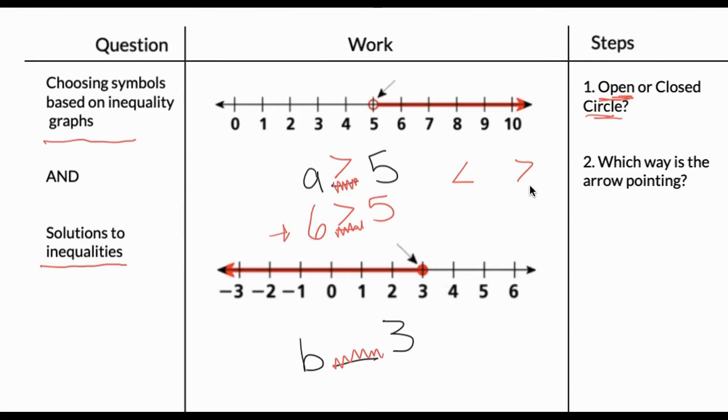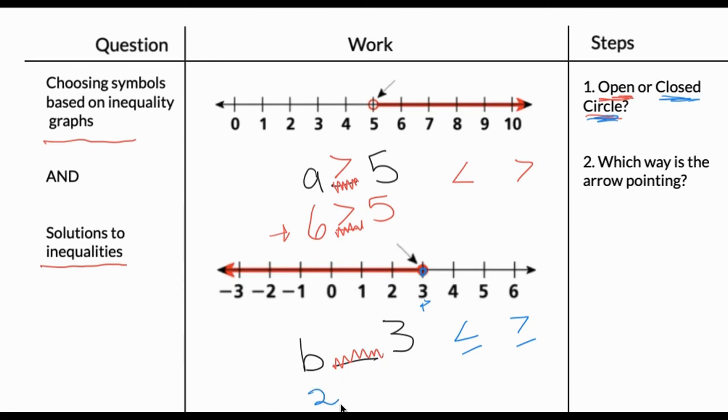Now for the second one here, we have open or closed circles. So the second one, we have a closed circle. What that tells us is that the variable could be equal to 3. So in this case, we're going to have less than or equal to or greater than or equal to. And in this one here, we see that it could be 2, it could be 1, it could be 0.